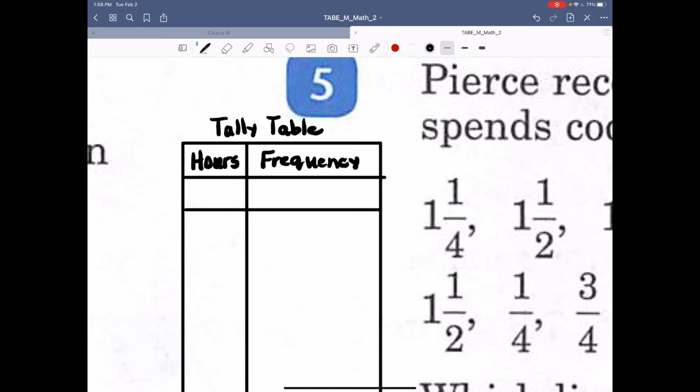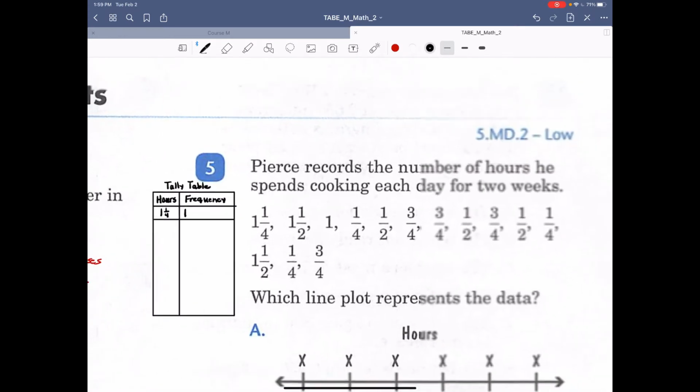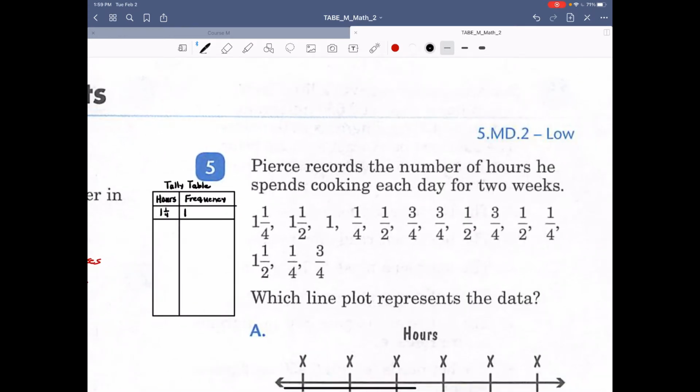Okay, on the first day that he recorded time, Pierce spent 1 1/4 hours cooking. So I'm going to put 1 1/4 down, and I'm going to put 1 tally mark for that entry. He entered that 1 time. And I'm going to highlight them as I use them. So that one's done.